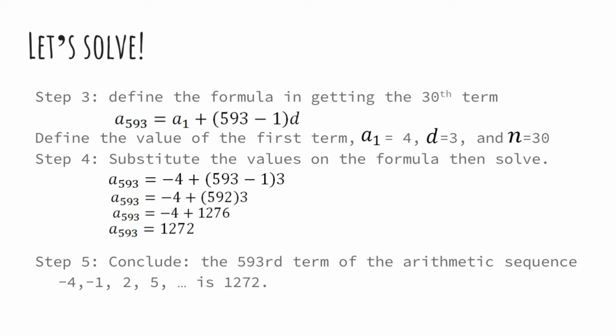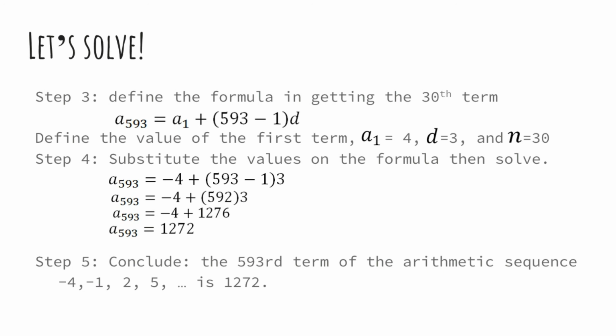Now, solving this equation and simplifying all the operations, we have the value for the 593rd term, which is 1272. In conclusion, if you continue the number sequence up to the 593rd term, we will have 1272.